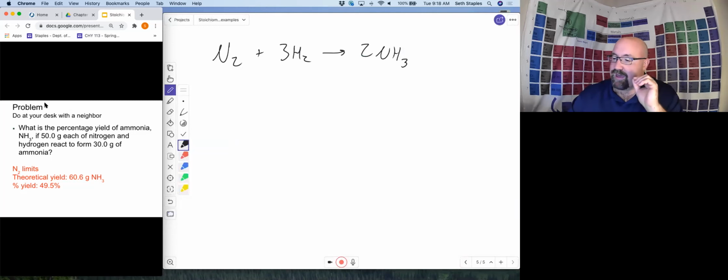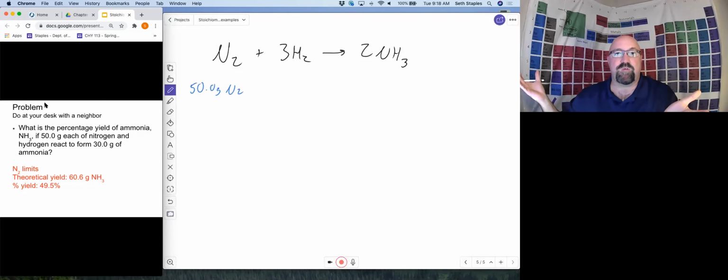And so what I mean by that is, we had our 50.0 grams of N2 as one of our starting amounts. And so let's see how much NH3 we could theoretically make based just on the 50 grams of N2.